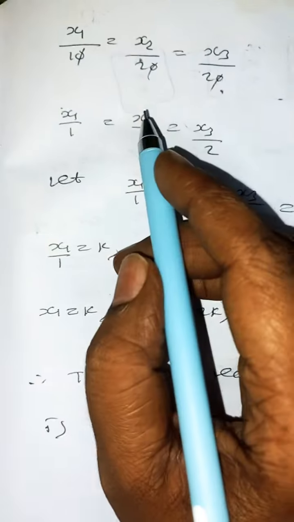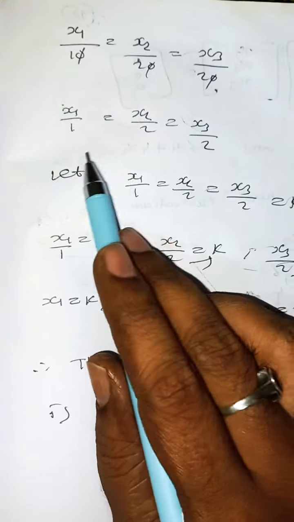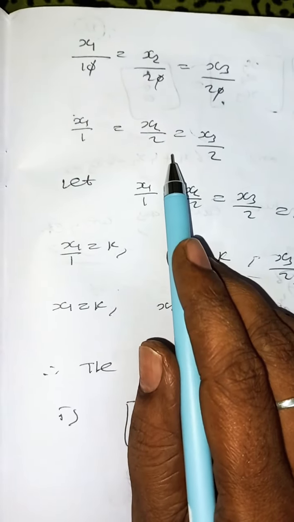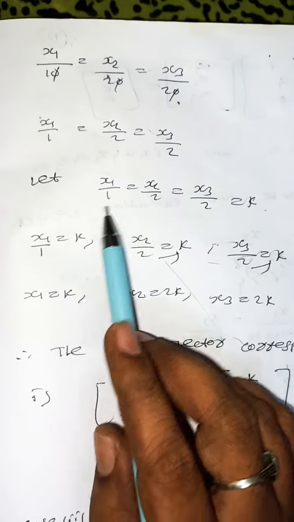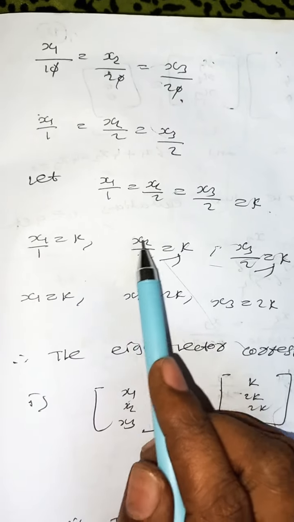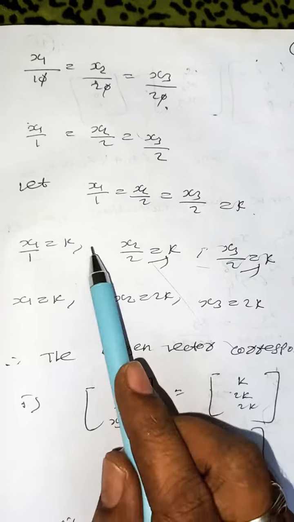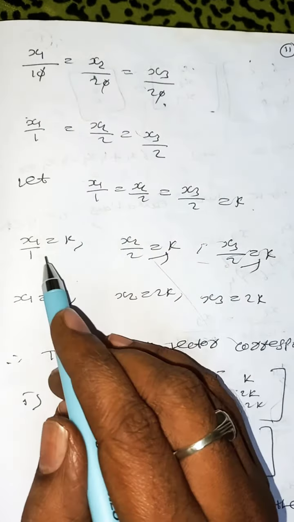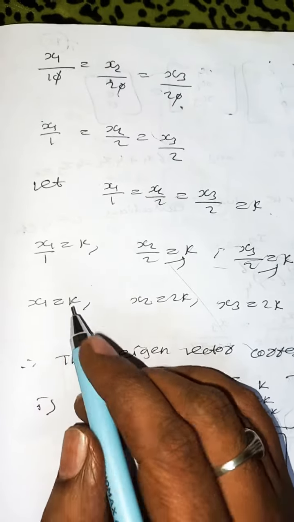Clearly we can cancel all the zeros. So the next step is x1 by 1 equals x2 by 2 equals x3 by 2. Let us assume that as k. So x1 by 1 equals k, x2 by 2 equals k, x3 by 2 equals k. If you cross multiply, sending the value to the other side, division will become multiplication.